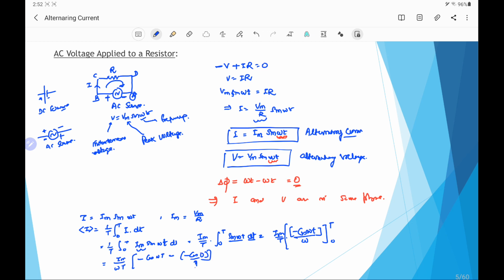Cos 0 is 1, and the minus minus becomes plus, so we can write it as Im by omega T into minus cos omega T plus 1.